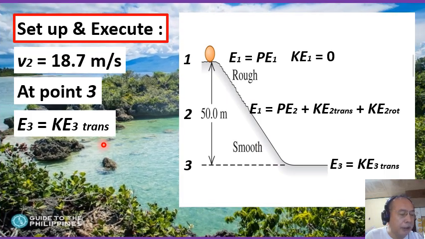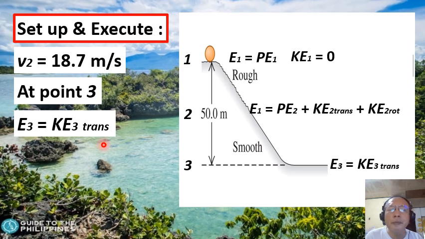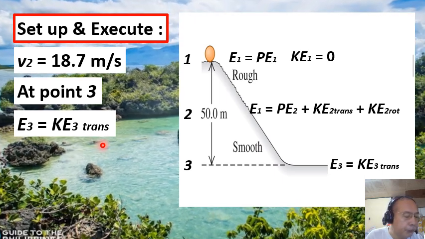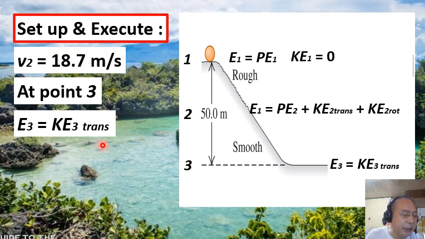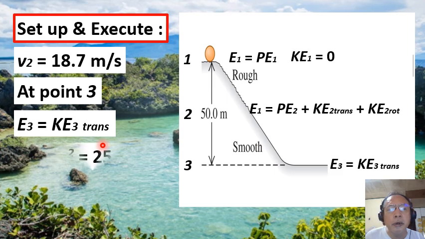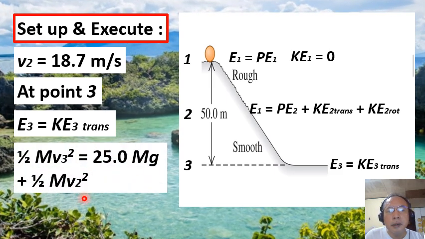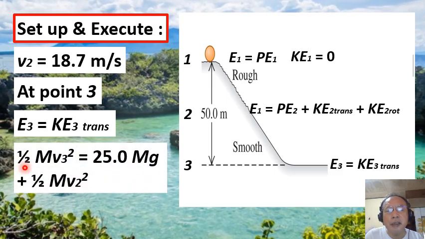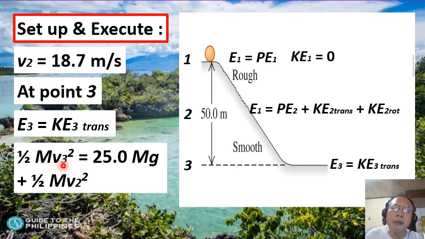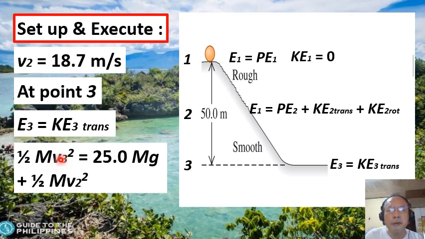So again, by the energy conservation law, the translational kinetic energy acquired by the boulder at point 3, we express that as 1 half times its mass, capital M, times v sub 3 squared.